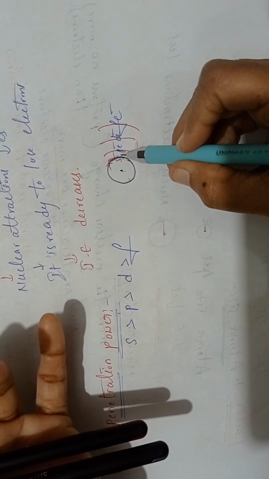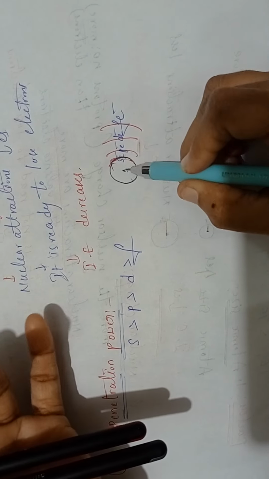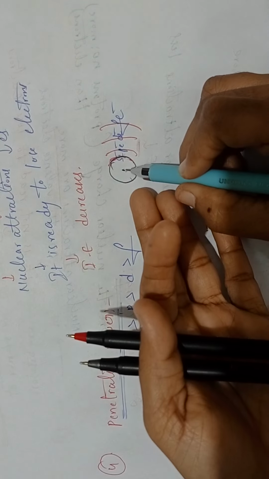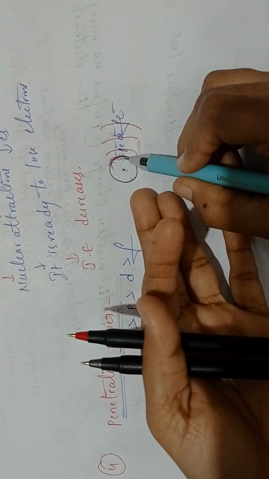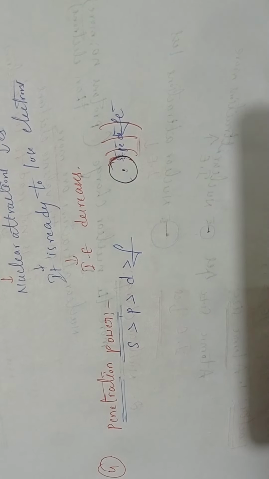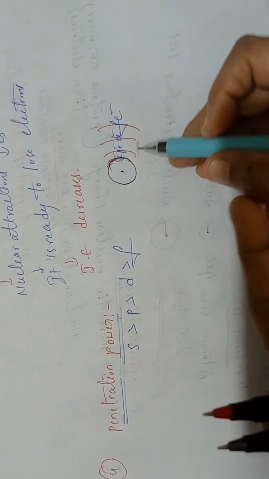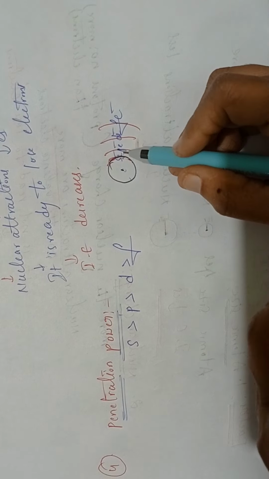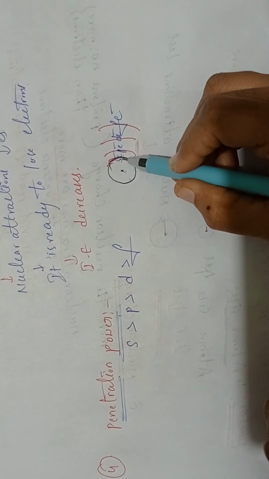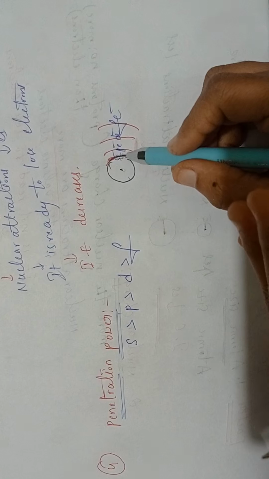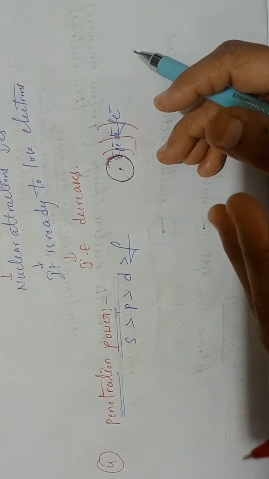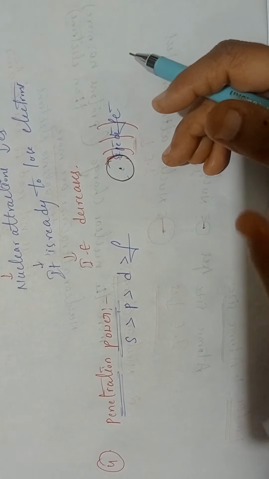Now, s electrons are very near to the nucleus, so nuclear attraction is more on the s electrons. We cannot remove the electron easily from the s electrons, because the nucleus attracts them very strongly. So to remove s electrons, very high ionization energy is required.